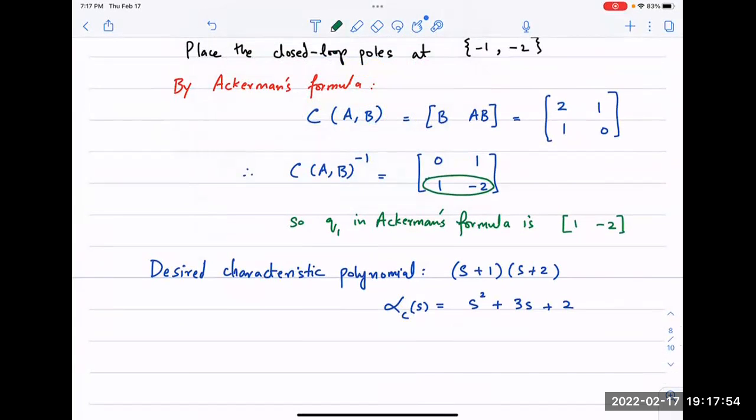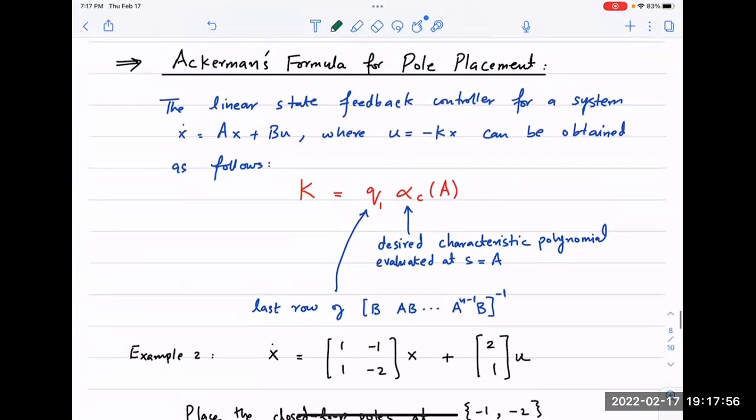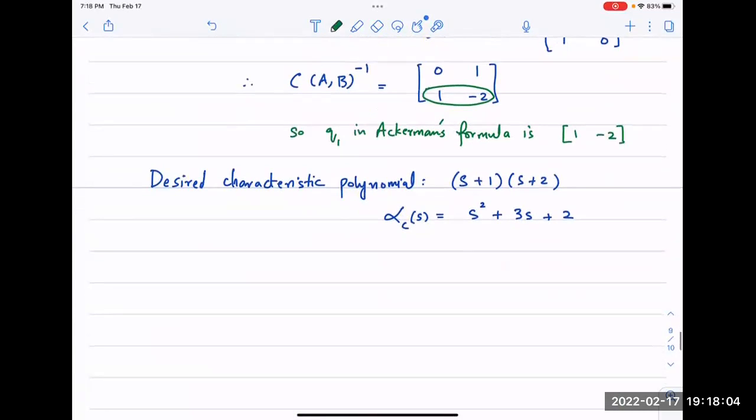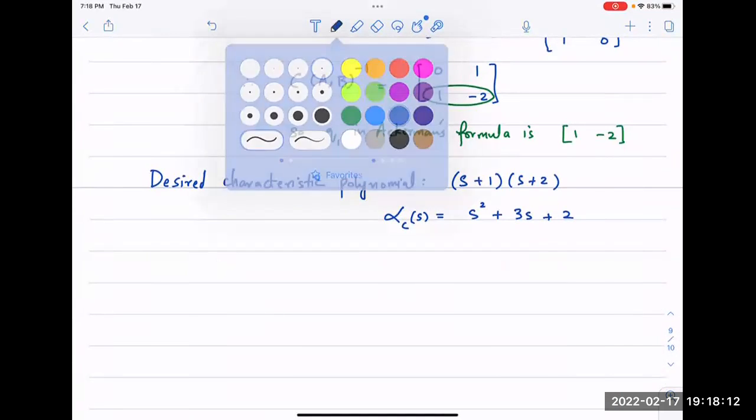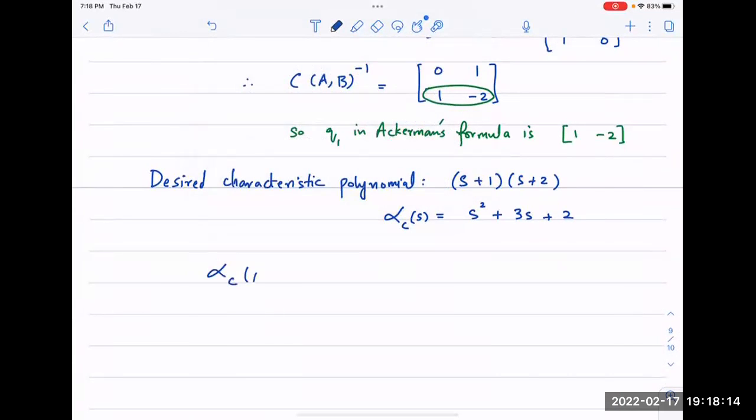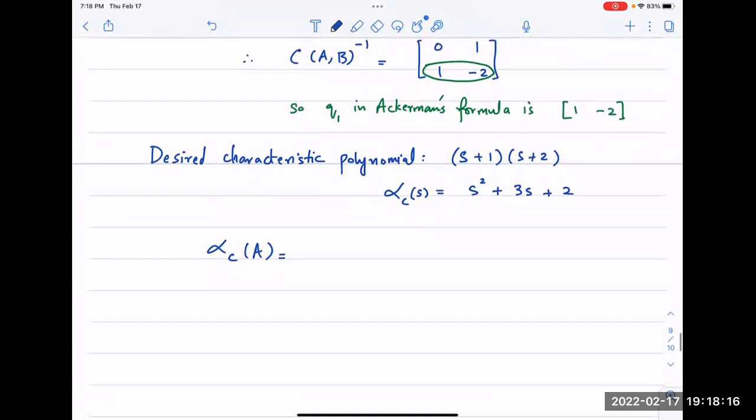Okay, now the alpha c part. Alpha c is the desired characteristic polynomial, and we have to substitute the matrix A in it. So the characteristic polynomial turns out to be s squared plus 3s plus 2. So to do alpha c of A, we have to do A squared plus 3A plus 2.